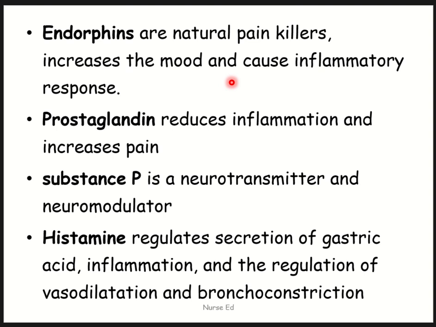When you give morphine and all, endorphins will generally be increased. Prostaglandins promote inflammation and increase pain. Substance P is just a neurotransmitter and a neuromodulator. Histamine regulates the secretion of gastric acid, inflammation, vasodilation and bronchoconstriction.